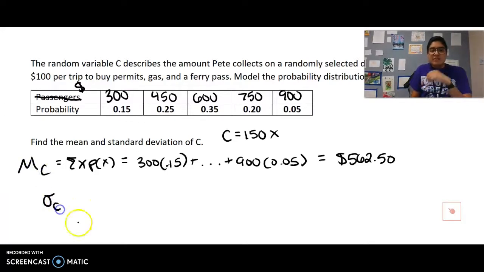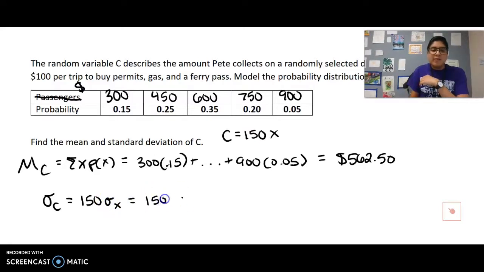Now let's check out sigma C. Well, 150 times X, let's think about this. 150 times 3.75 is actually 562.5. And that's because multiplication changes the center and the spread of the distribution. Meaning that if I am multiplying, I should also change the standard deviation by that original amount.